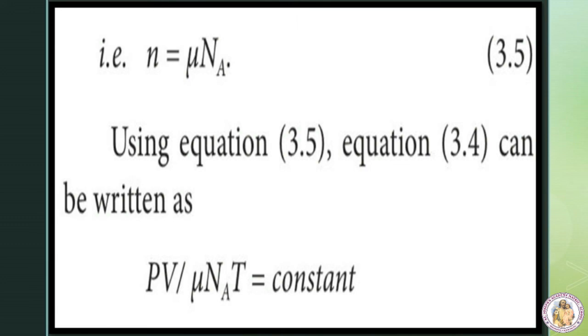Using equation 5, equation 4 can be written as PV by mu N_A T is equal to constant. Here we are applying the value of N in equation 4. What is N? Mu N_A. When you substitute this value, you get PV by mu N_A T is equal to constant.